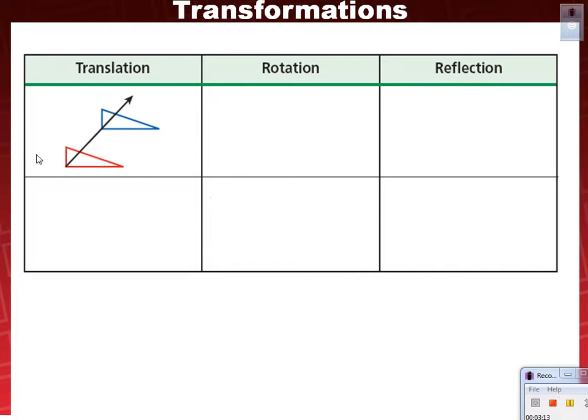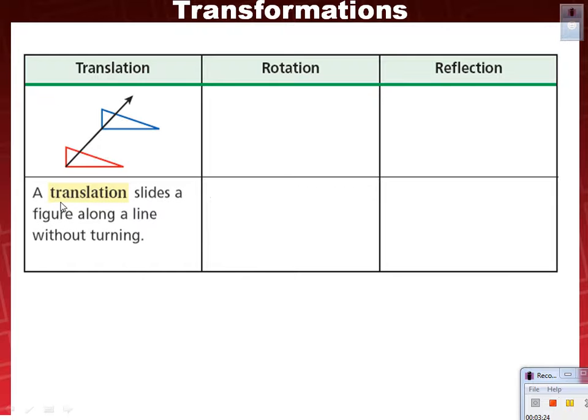Does everybody see the red triangle? And the image is the blue triangle. Notice that we just slid the triangle in that direction. That's why the definition for translation is: a translation slides a figure along a line without turning. Did the figure turn anywhere? No, it just slid position. Earlier I asked Letty to step 3 steps forward. She just stepped forward. She changed positions.